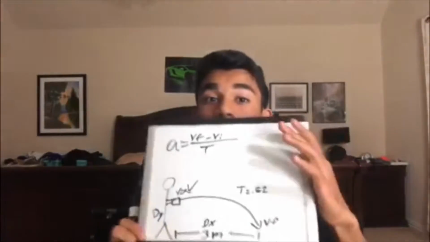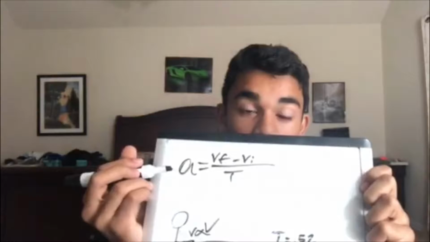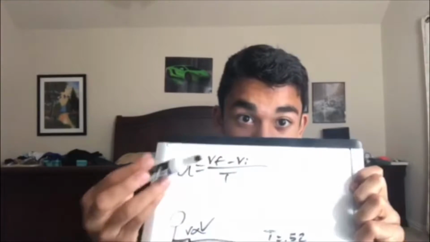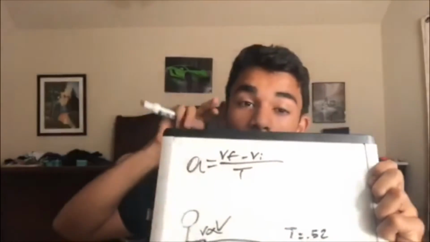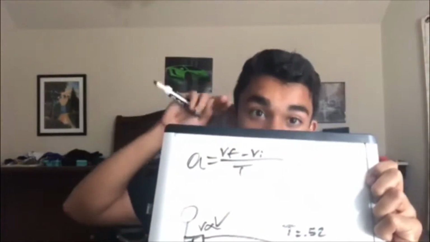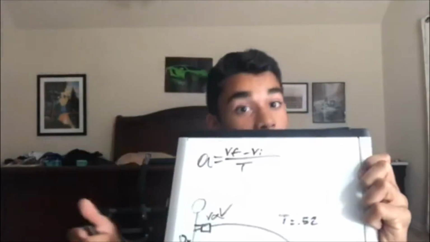We actually know 3 of these variables. We know acceleration due to gravity, we know the total time, and we know that velocity initial doesn't exist because we're only shooting the projectile horizontally. So there is 0 in place of velocity initial. So let's plug that all in.